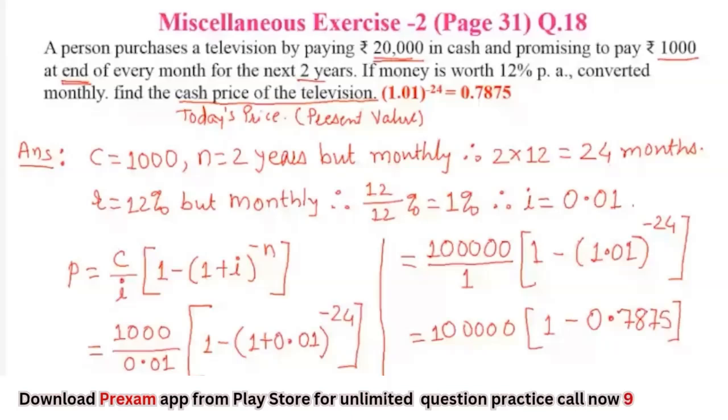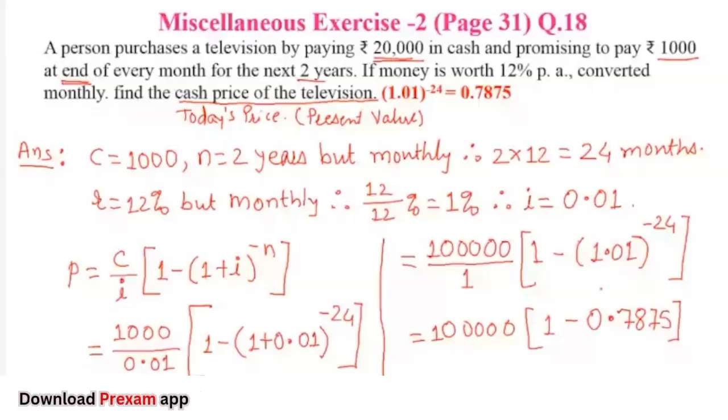Let us do that calculation. 1 minus 1.0000 minus 0.7875. 10 minus 5, 5. 10 minus 8, 2. 10 minus 9, 1. 10 minus 8, 2. 2125.